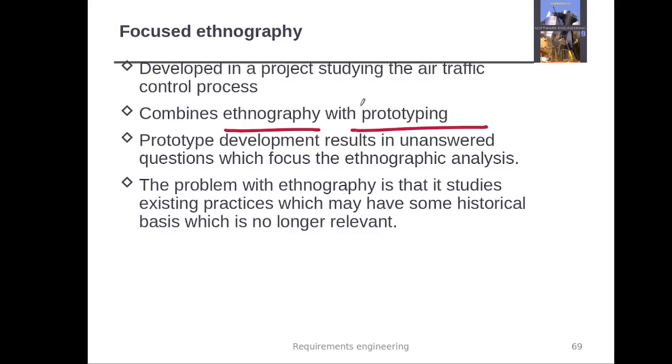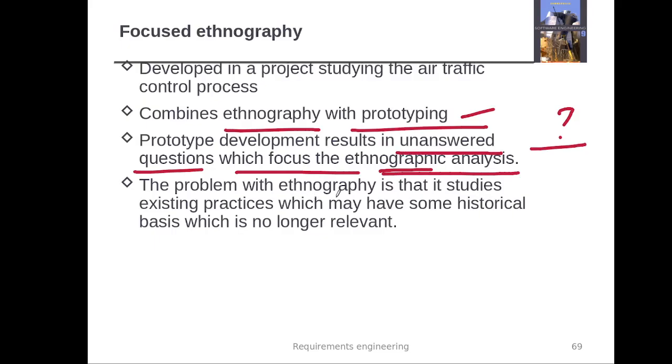Then you try to understand what things you need to do. Prototype development results in unanswered questions which focus the ethnographic analysis. Because of prototyping, you understand which requirements are not yet implemented and need to be implemented. To understand these things, you will use ethnography to understand those requirements in detail.